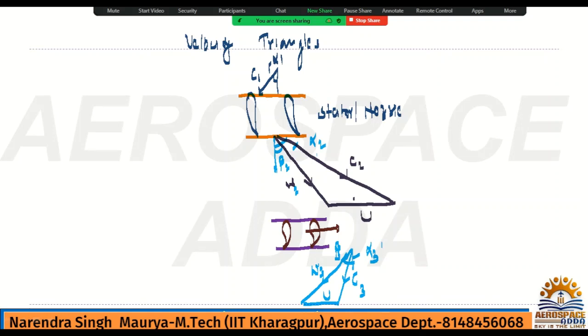This is the separate diagram I have drawn. I hope this is clear to you. 1 to 2 is the stator or nozzle, and 2 to 3 is the rotor.